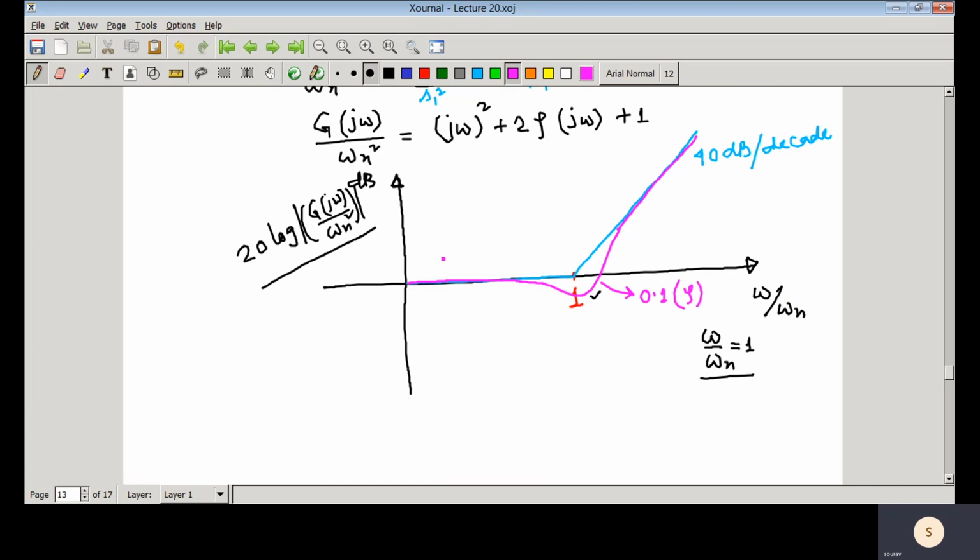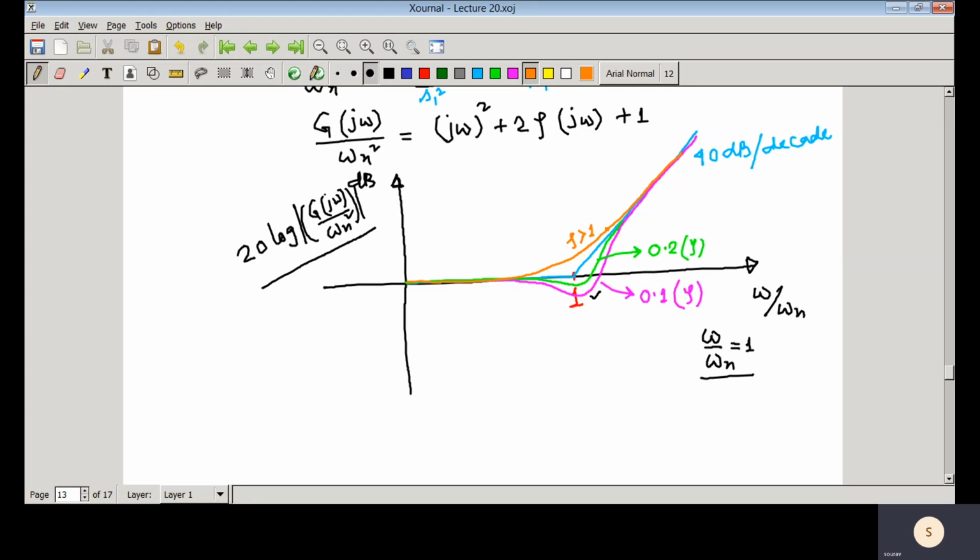Whenever we increase the zeta value, say zeta is 0.2, then that would be the 0.2 curve, and if we keep on increasing that value, the plot is coming like this, and here this is zeta greater than 1.